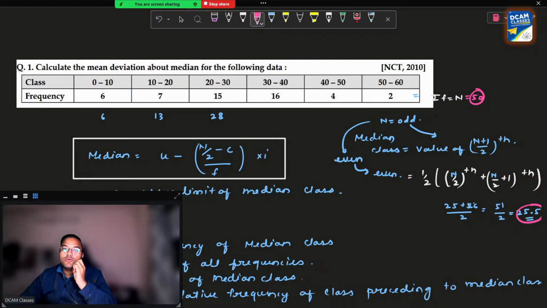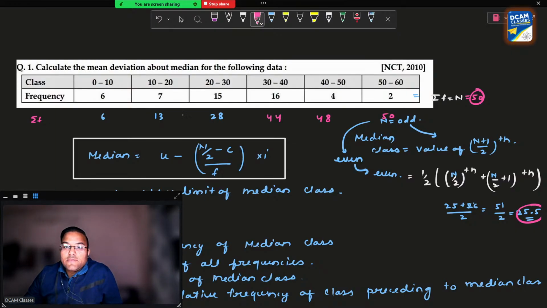Now if you calculate the cumulative frequencies: 6, 13, 28, 28 plus 16, 44, 48, 50. So 25.5 will lie after 13. So your median class becomes the 20 to 30 interval.